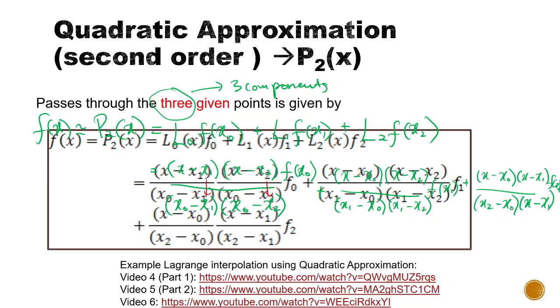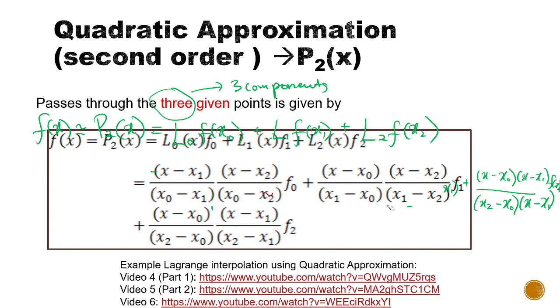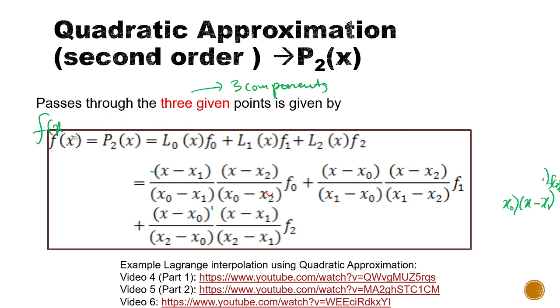So I tried to erase it, to look at the formula that was given. There are 3 components, and then the value of x minus x1 times x minus x2, divided by x0 minus x1, x0 minus x2. So we can see this relation so that it is easy to remember.